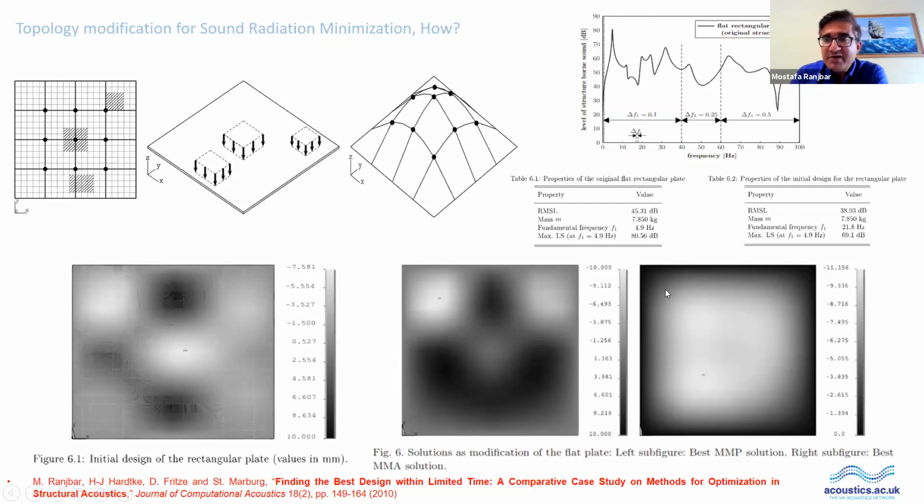By using different optimization techniques, I'm showing the base design. Here you can see that, for example, in the dark area we had a positive change in the surface height of the plate. In the other areas, we have a negative, downward modification.